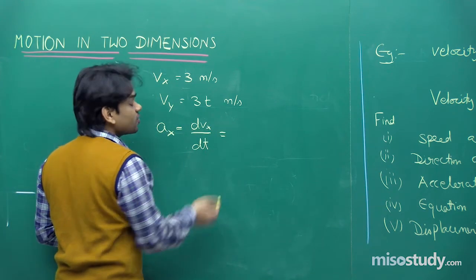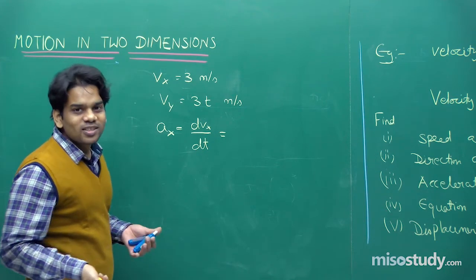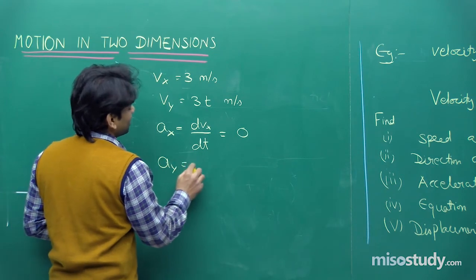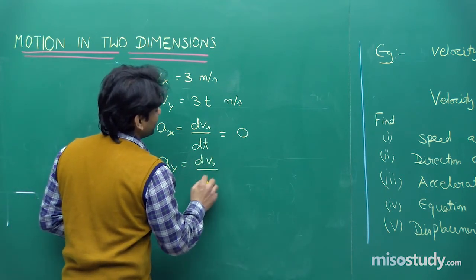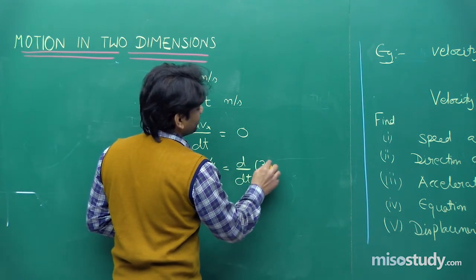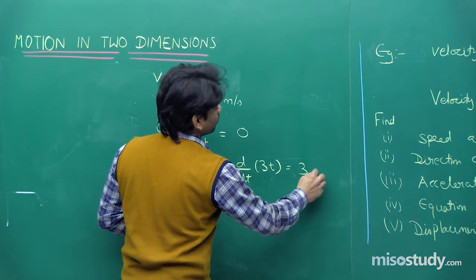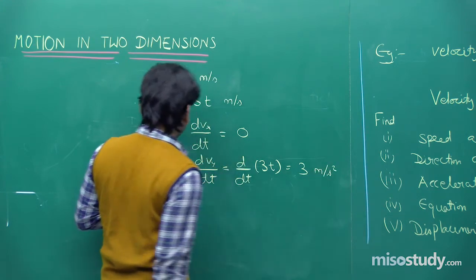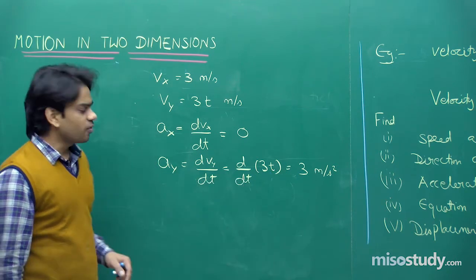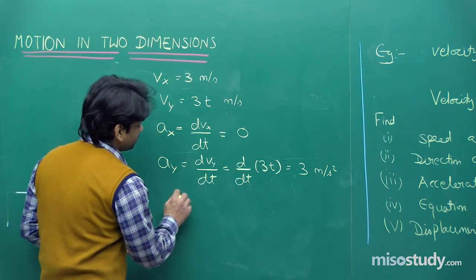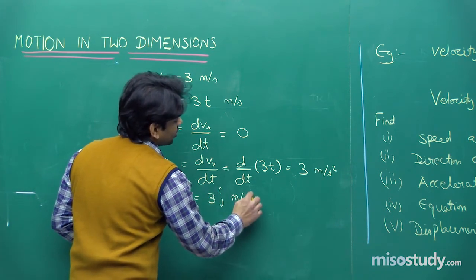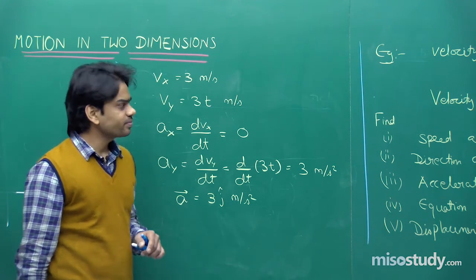Since velocity along the x direction is constant, that will be 0, and acceleration along y axis is dvy by dt, and since vy is 3t, this will be 3 meter per square second. So the acceleration is only acting along the y axis, and that is given as 3 meter per square second. We can write acceleration simply as a is equal to 3j cap with proper units. This is the exact representation.